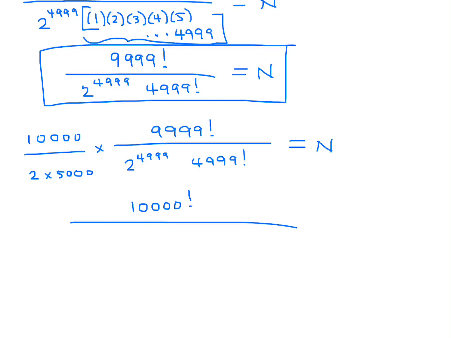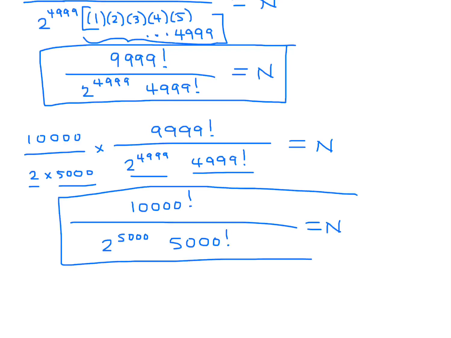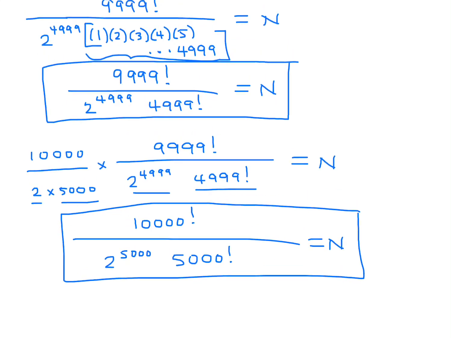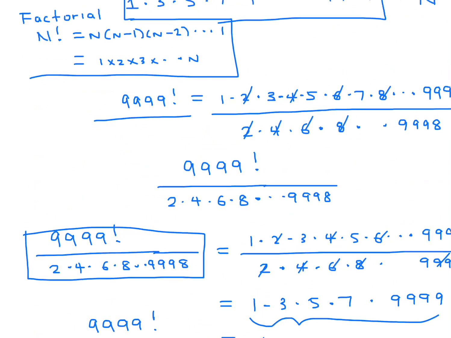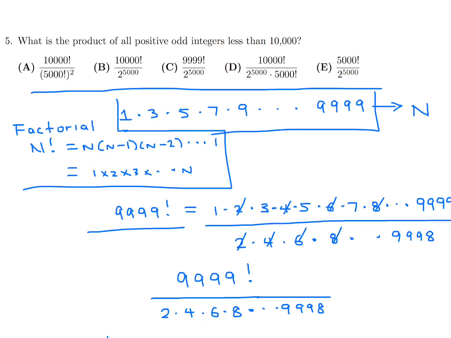And then you group this 2 with that 2, you get 2 to the power of 5,000. Group the 5,000 with 4999 factorial, and you get 5,000 factorial. And I think this is probably one of the answers: 10,000 factorial over 2 to the 5,000 times 5,000 factorial. This one, D. All right, so number 5, the answer is D.